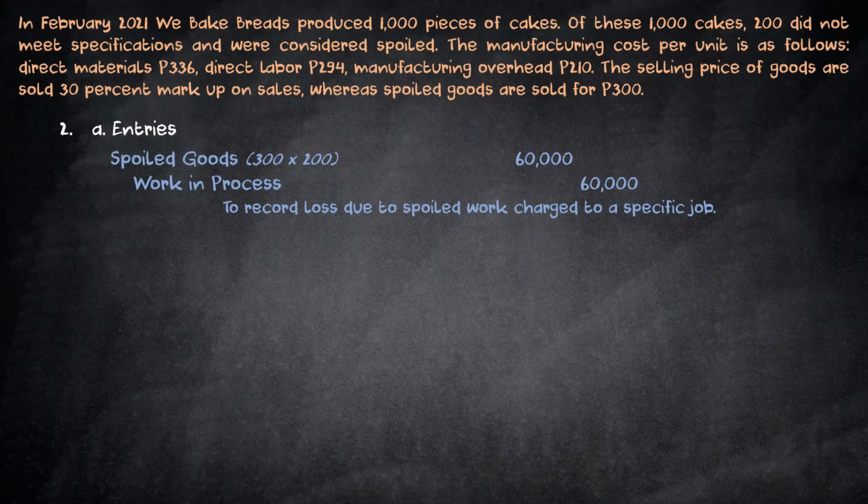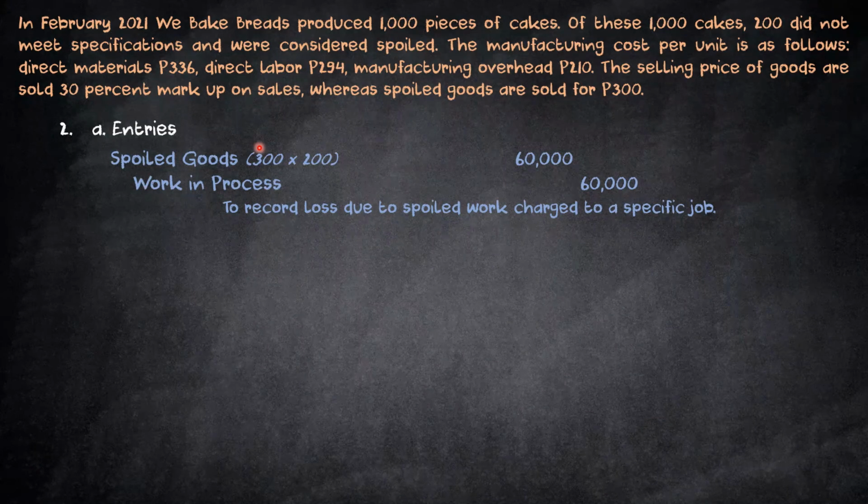Pero if ever na ganito, katulad ng sa ating problem, na meron tayong recovered amount or recovered cost, syempre, ide-deduct natin yun from that work in process or from that job. Kaya, ang mangyari ay magde-debit tayo ng spoiled goods, again, for the recovered amount, and magkikredit tayo ng work in process since ibabawas nga natin to that specific job yung ating recovered amount.